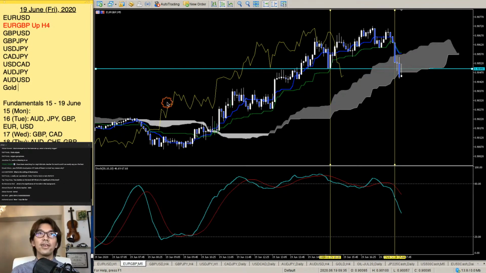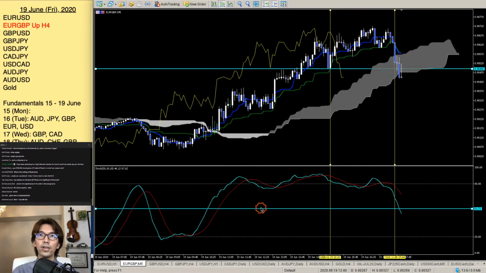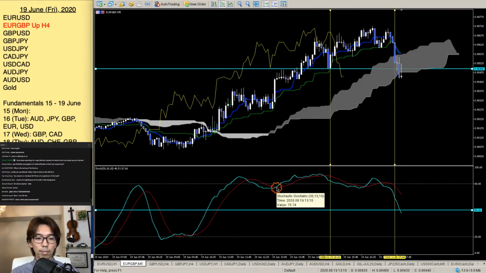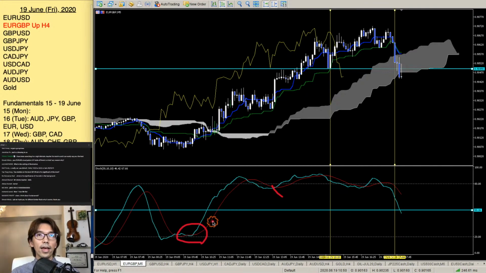Level 50 is very important when you look for the crosses on the stochastics. You draw the 50% level and you look for the buy chance. If the stochastics is gold crossing below 50, that would be more reliable. And if it's gold crossing below 20, that will be even more reliable.